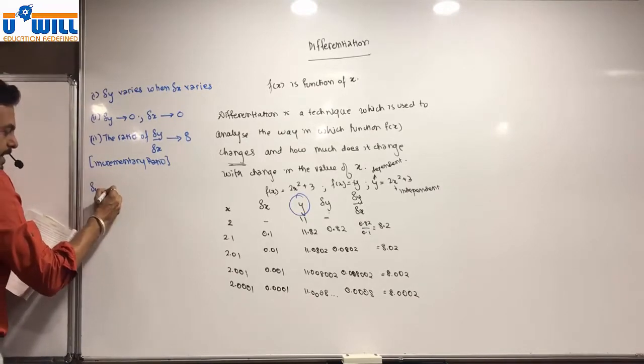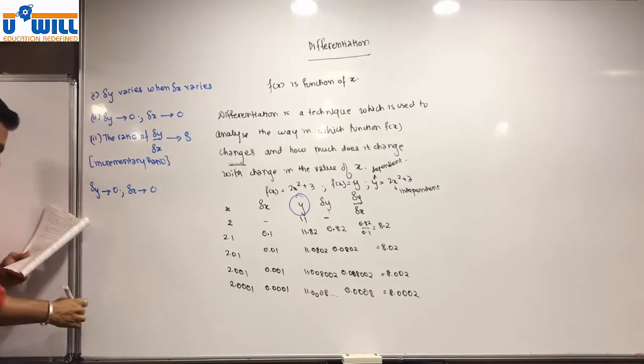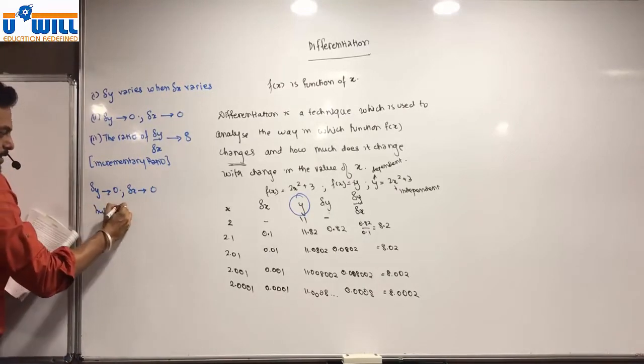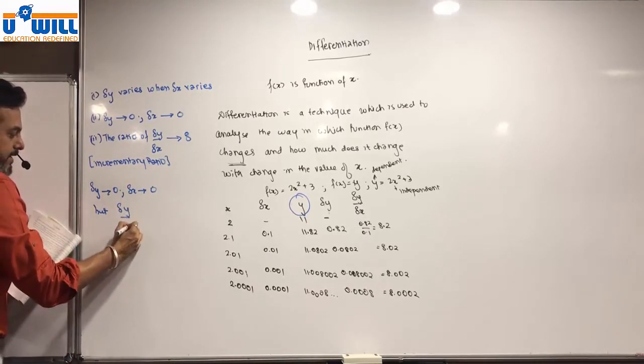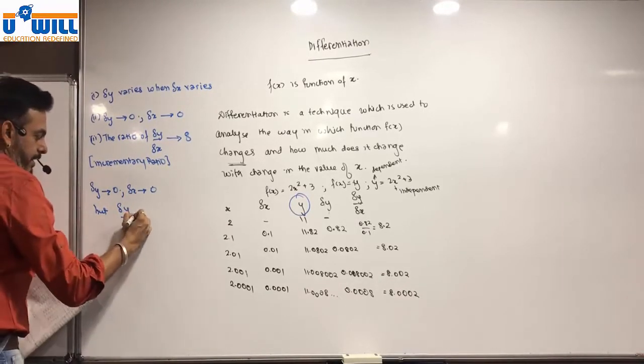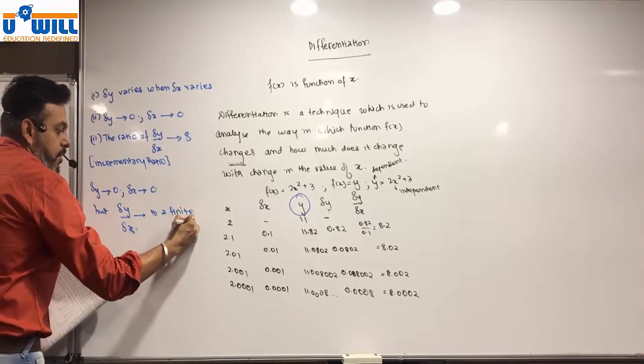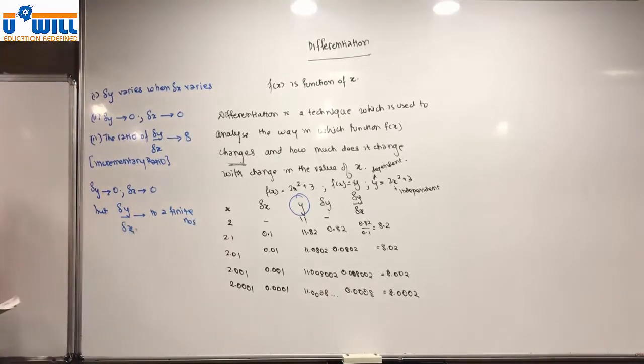Delta y tends to 0 and delta x also tends to 0, but delta y upon delta x tends to a finite number, not 0.